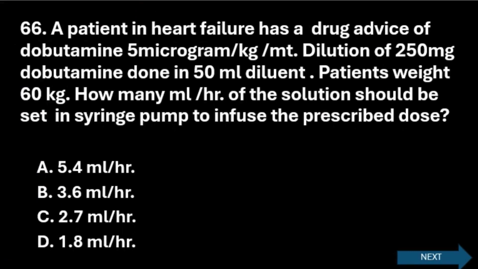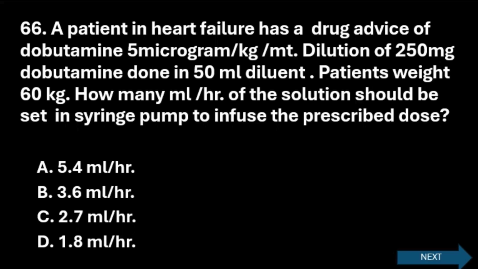Next question. A patient in heart failure has a drug dose of Dobutamine 5 microgram per kg per minute, dilution of 250 milligram of Dobutamine in 50 ml diluent. Patient's weight is 60 kg. How many ml per hour of the solution should be set in a syringe pump to deliver the prescribed dose? Option A, 5.4 ml per hour.